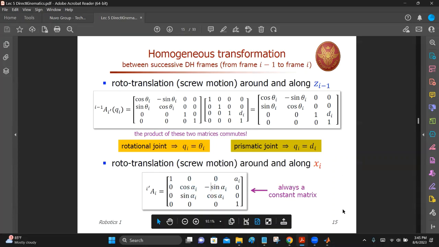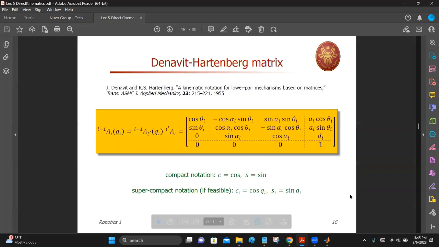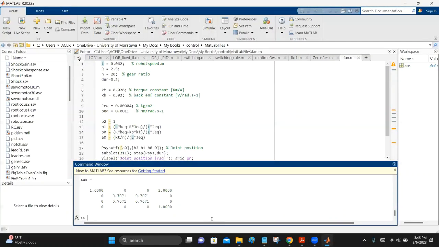Now, if you put them together, you get the complete description from i minus 1 to i, right? By multiplying the two screw operations together, you get this one. In MATLAB you can also see that.